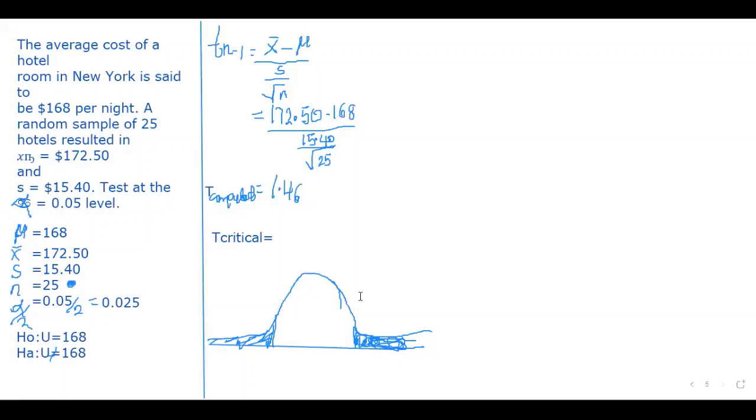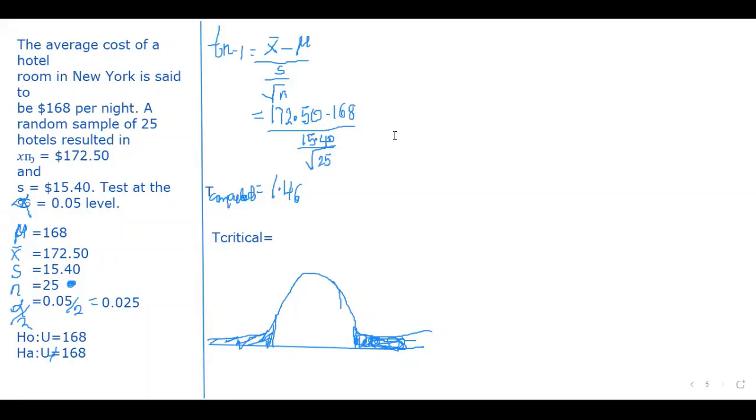Now I may ask, how are you going to find your T critical? You're going to use the T table, right? So let me share the table here. Before I share the screen, we said that the degrees of freedom is what? N minus 1. So what is the N?